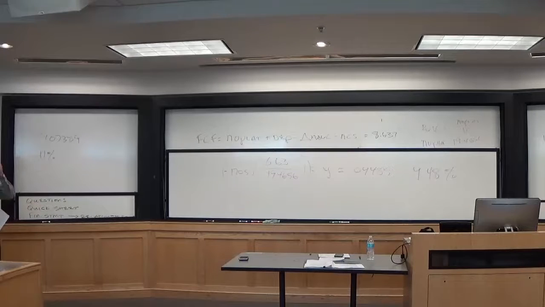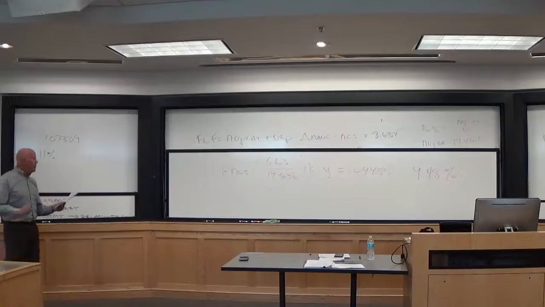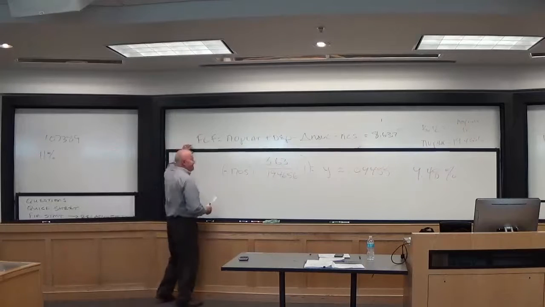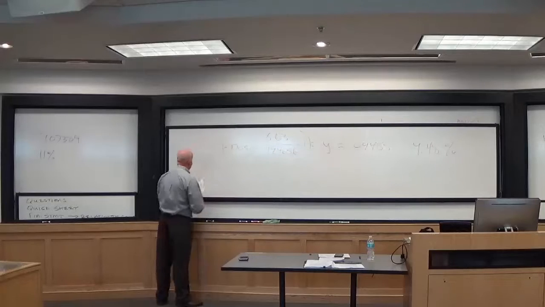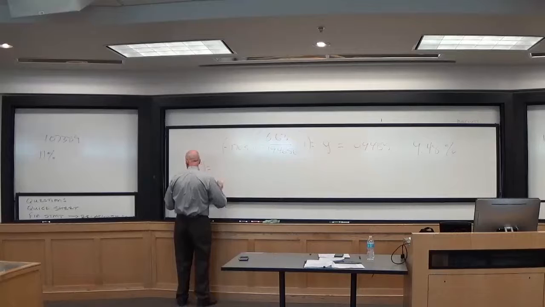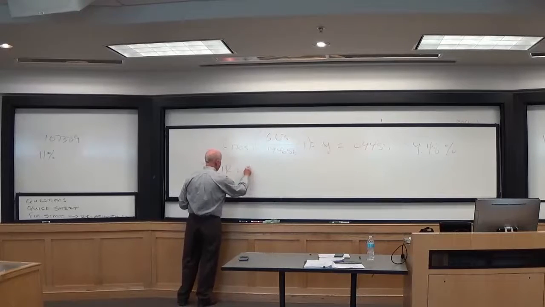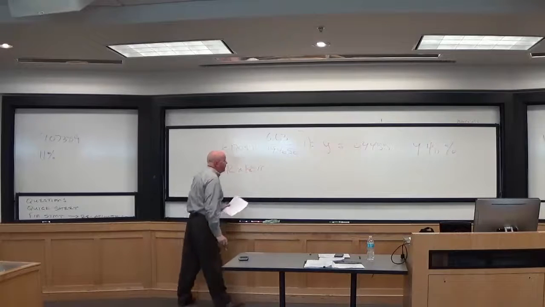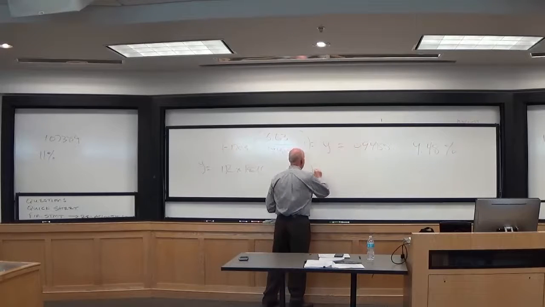Okay, thank you. So, there's another way, if you look at the second page of your corporate finance quick sheet, the last set of relationships, G equals a number of things. One of the things that G equals in that is my investment rate times ROIC. So what's investment rate equal?